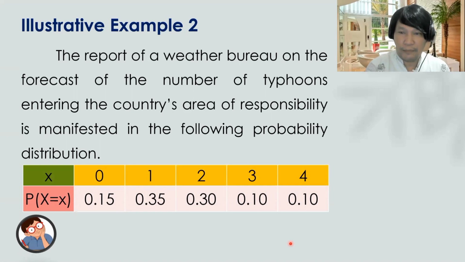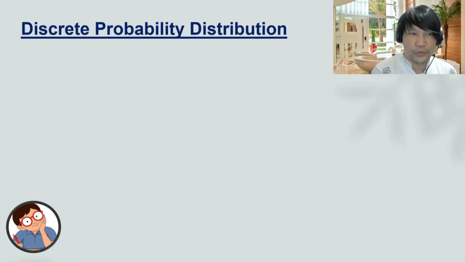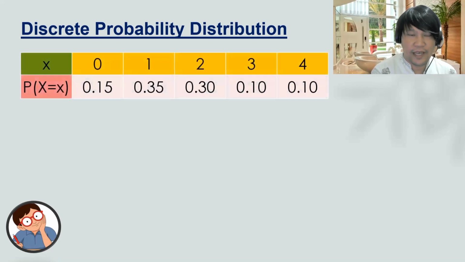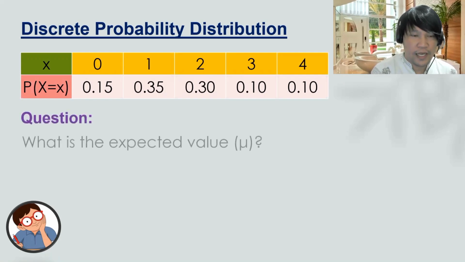to the typhoons that are entering the country's area of responsibility? Okay, going back to our illustrative example number 2. Now we do have here our discrete probability distribution. And from this probability distribution, now our question is, what is the expected value?